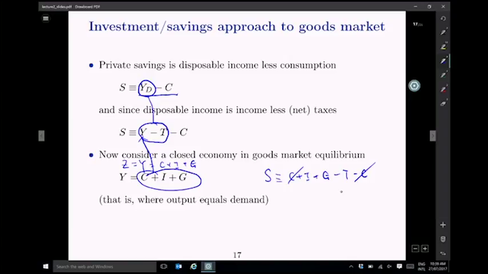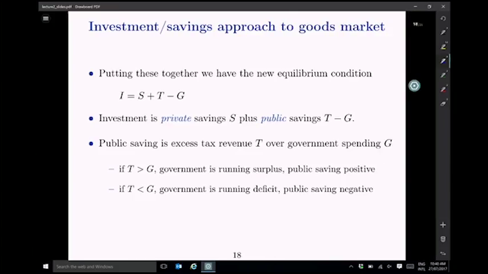What we're left with is I. Let's move taxes and government spending to the other side: saving plus T minus G. So we use the equilibrium condition in the goods market and the definition of saving, and it turns out we are left with another condition. It says that investment equals private saving S plus taxes minus government spending.